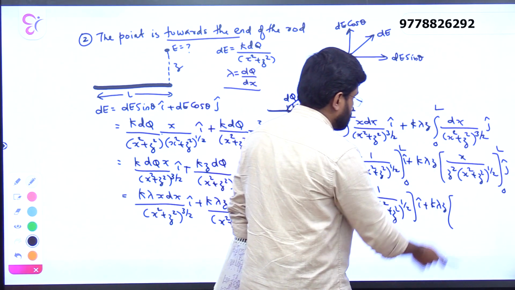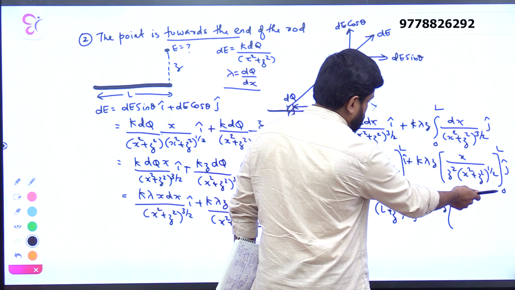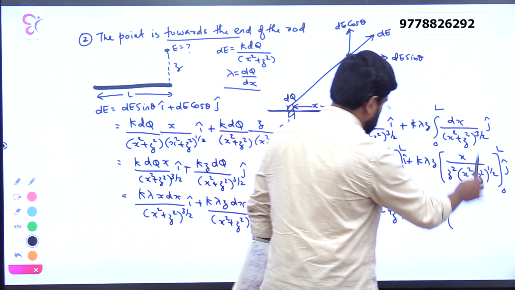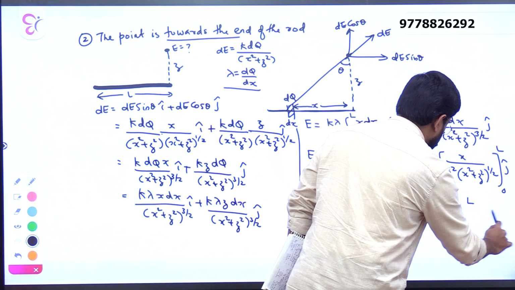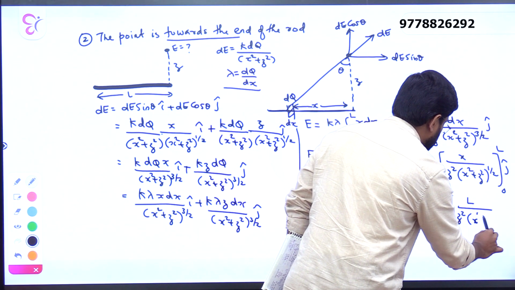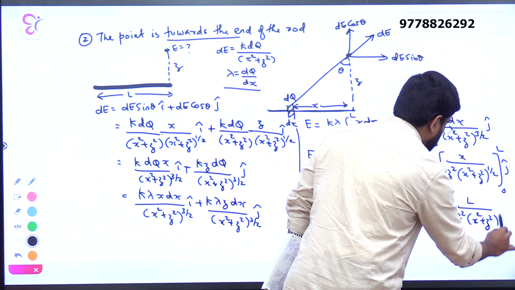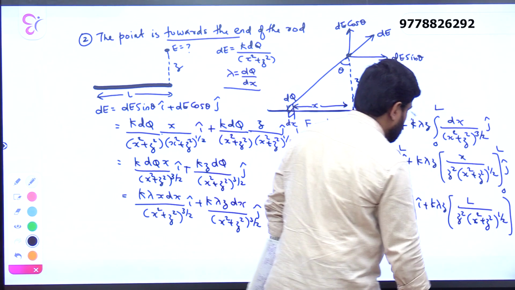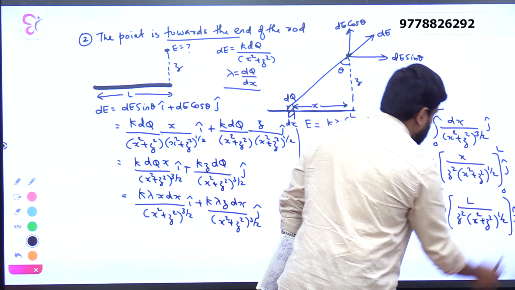If you substitute the lower limit, it will be 0. If you substitute the upper limit, it is L by z square into L square plus z square whole power 1 by 2 in j cap direction.